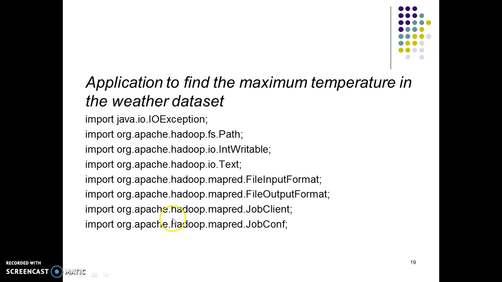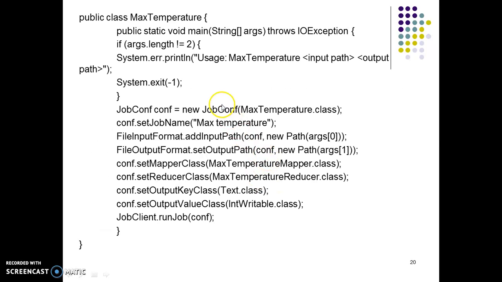Next we need to write the application for calling both of these classes. Here we make use of some extra import statements, that is FileInputFormat, FileOutputFormat, JobClient, and JobConf, and the rest we have already seen.